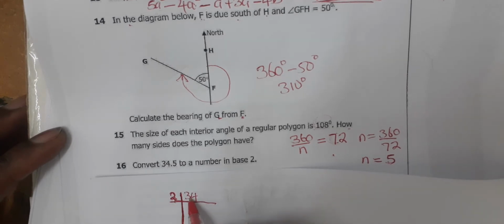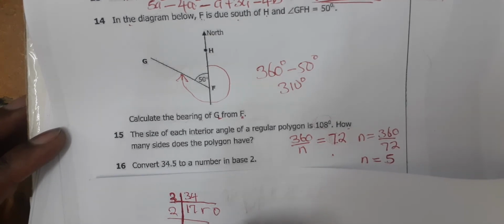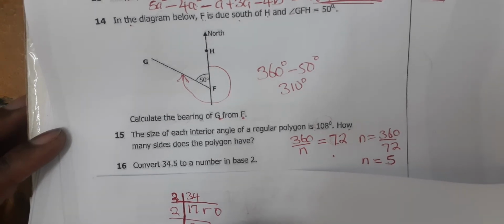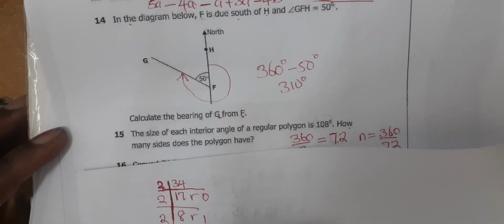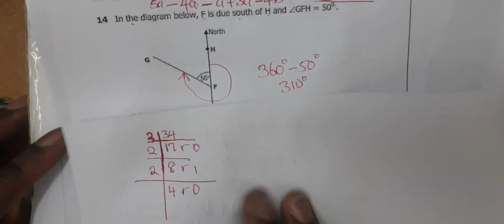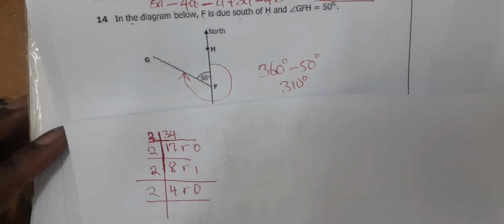Okay, so 2 into 34 it's 17. What is the remainder? 0. Again we say 2 into 17 it's 8, remainder 1. We continue. 2 into 8 it's 4, remainder 0. 2 into 4 it's 2, remainder 0.